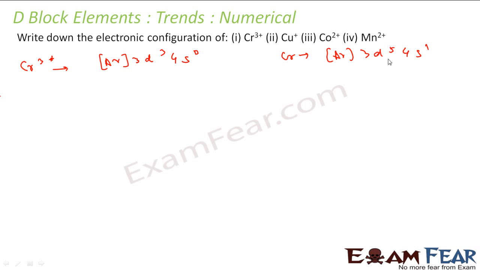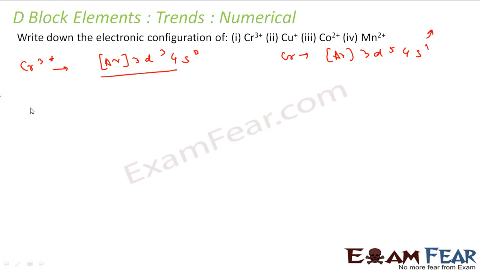From this you pull out 3 electrons. The first electron will go from s, the second electron will go from the 3d orbital, and the third electron will again go from the 3d orbital. So the electronic configuration will be Ar 3d3 4s0.